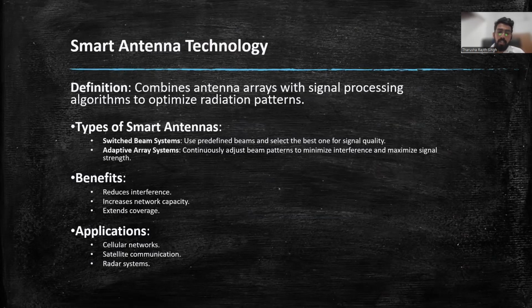Smart antennas are widely used in various applications, including cellular networks, satellite communication, and radar systems. So, in conclusion, smart antenna technology is a powerful tool for optimizing wireless communication systems. Its ability to dynamically adjust beam patterns makes it ideal for applications in cellular networks, satellite communication, and radar systems.